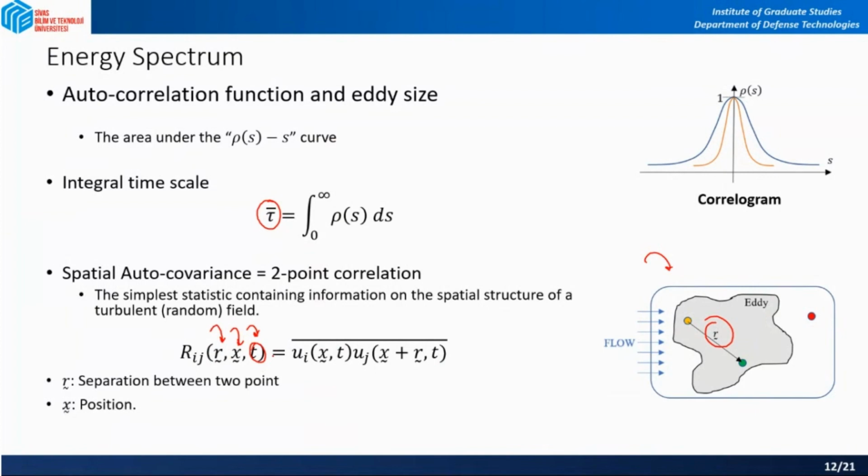And it is also called 2 point one time autocovariance, because you have 2 points. One point is at x, another point is at x plus r, and it is at one time. Or in short, we call it sometimes 2 point correlation most of the time.